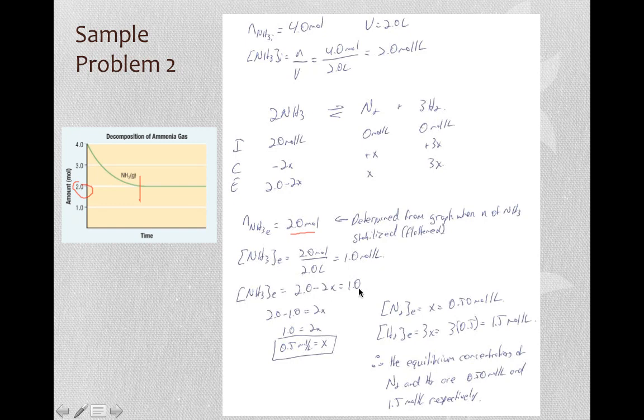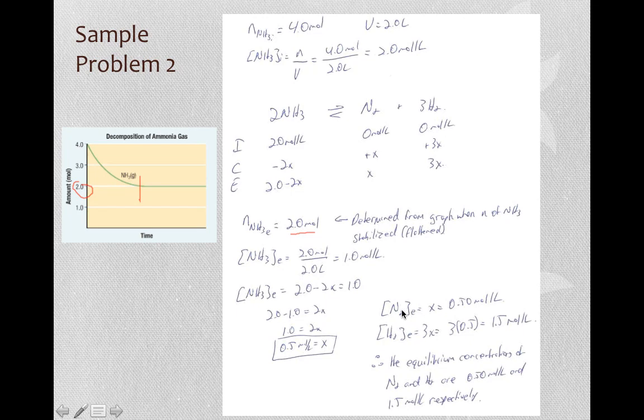So we can set these two equal to each other. We can say 2 minus 2x is equal to 1, and then we can rearrange to solve for x. And we find that our value for x is 0.5 moles per liter. From there, we can use this value for x and plug it into our ice table to solve for our equilibrium concentrations for N2 and H2.